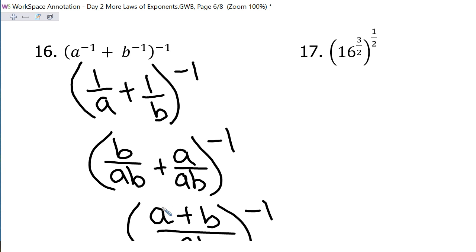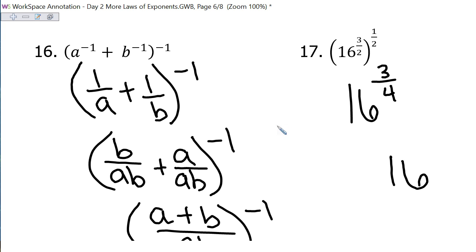Number 17. What is this called right here? Power to a power. So with this power to a power, what do I do with those exponents? Multiply. So what is 3/2 times 1/2? 3/4. Now for the rational exponent, what is the base there? 16.